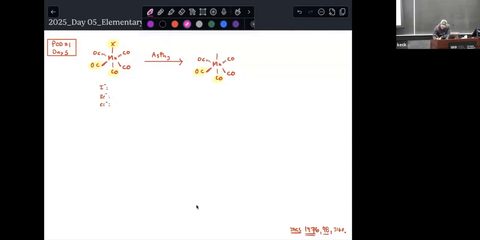So let's first consider displacing the halide. We don't have to think about any underlying mechanism or anything. We're just going to play this out, all 3 possibilities. Okay. Is there anything you don't like about this possibility, Oliver?